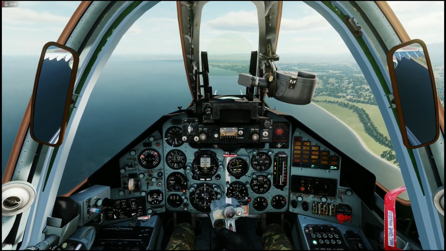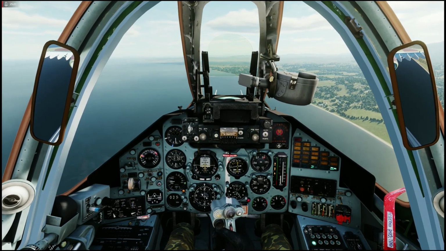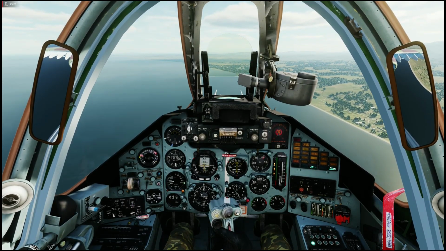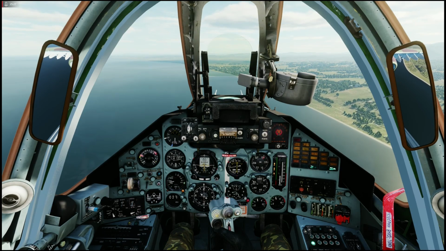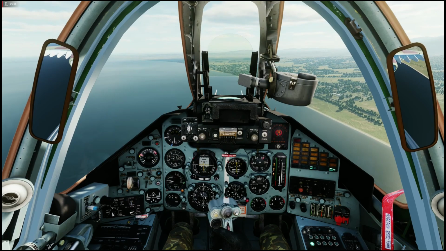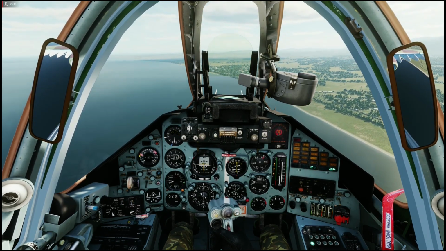This way I'm following the briefed course to my waypoint. So this is actually very simple. You just have to pay attention.